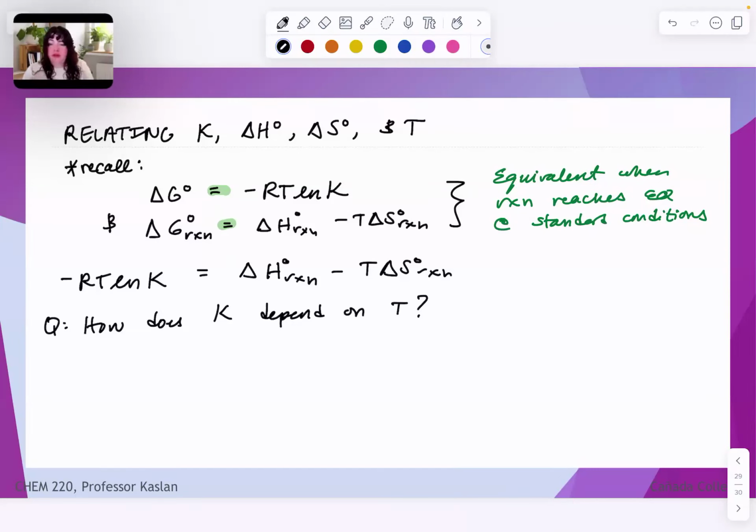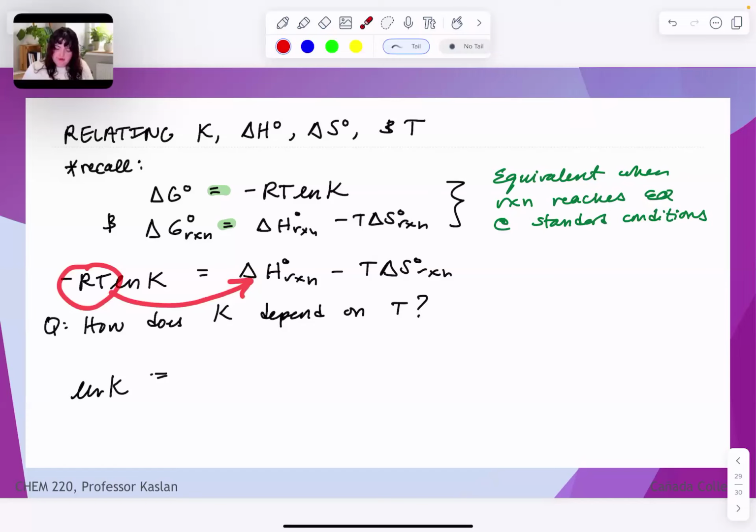And this is what we looked at when we did our Ksp and solubility of borax lab, right? So let's isolate that natural log K because that is a term that relates K. So I'm going to take my natural log K and have that on its own on the left-hand side, meaning I'm going to multiply over my negative RT. So this becomes, sorry, not multiply, divide.